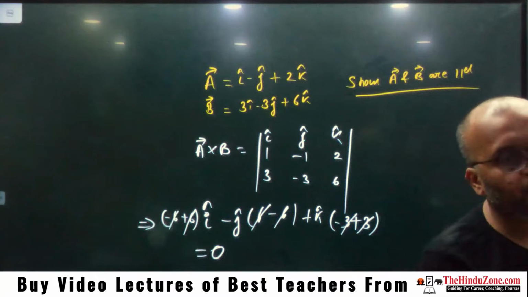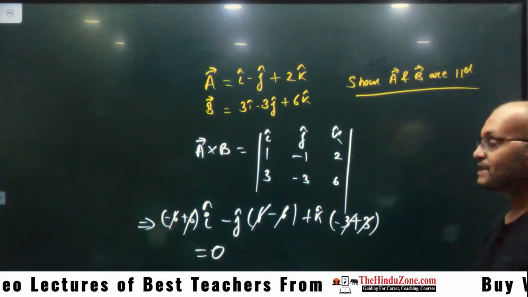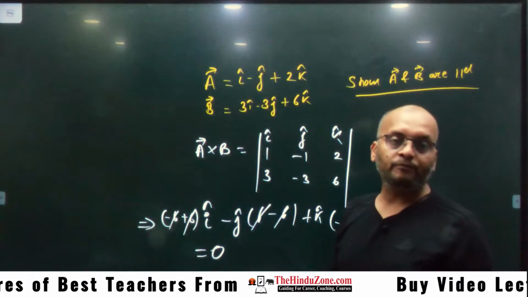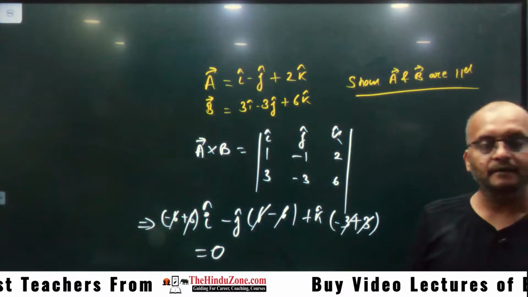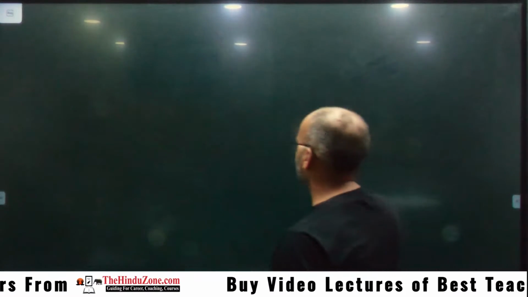So since the cross product of two vectors is 0, that means the angle between them is 0 and that means the vectors are parallel.